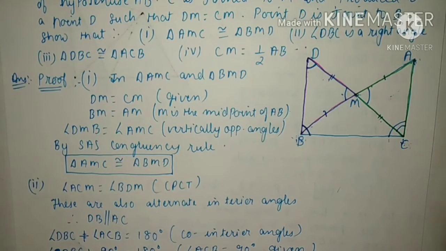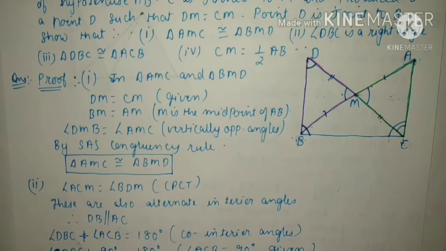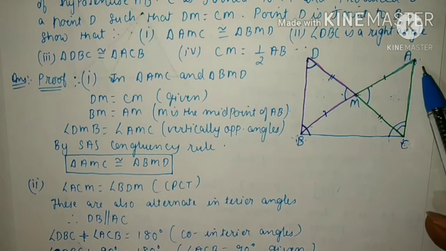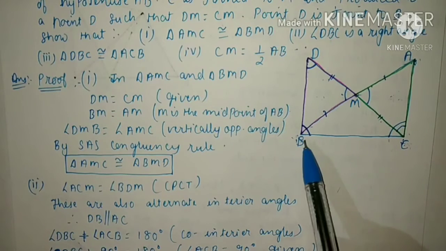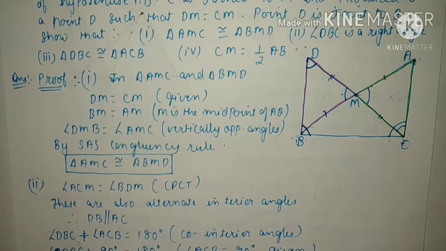Why? Because of CPCT. These two triangles are congruent, then their corresponding sides will be equal. So by CPCT, this DB is equal to AC, and BC is a common side in both the triangles. So BC will be equal to BC.